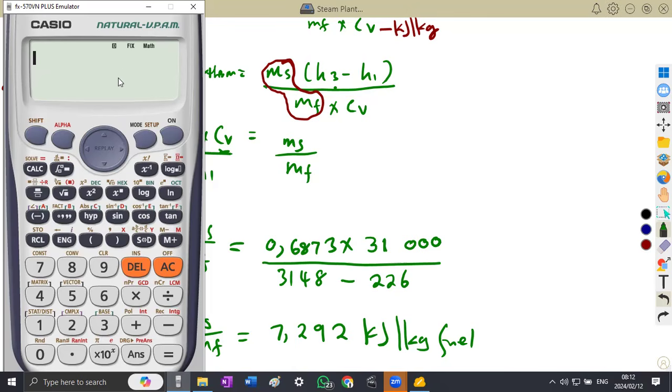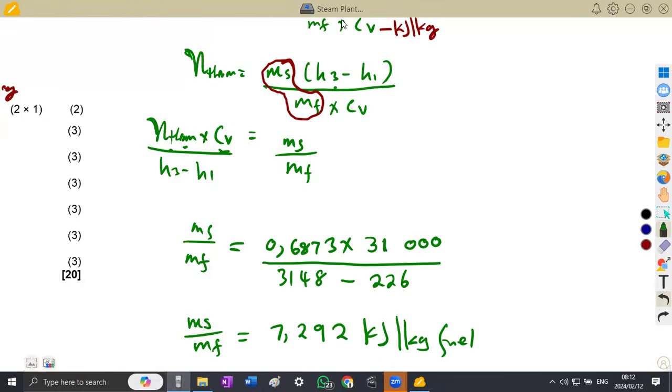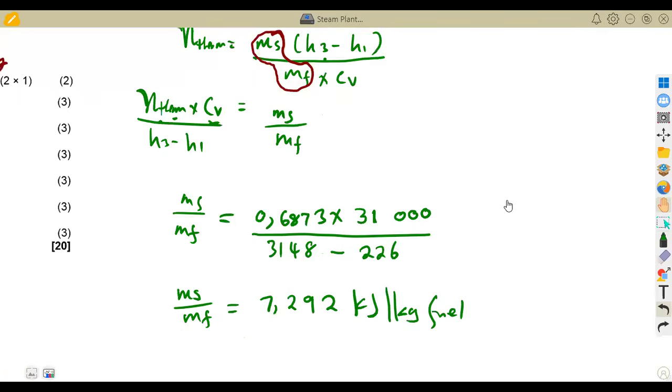So all of the answers that I'm going to get will be to 3 decimal places. 0.6873 multiplied by 31,000, everything over 3,148 minus 226. So this is going to be 7.292 to 3 decimal places. So this is how all my answers are going to be. Make sure that you do the same so that we are on the same page.